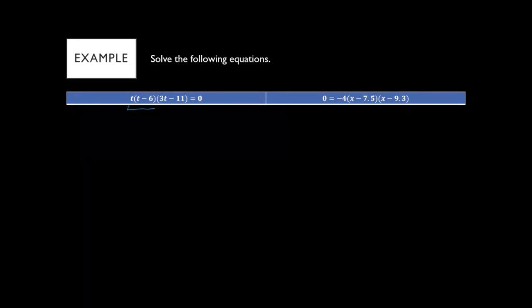So this is actually not quadratic, because we have 3 t's multiplied together. Ignore the numbers. This is actually called a cubic equation. So it's technically not a quadratic because we've got 3 t's multiplied together there.